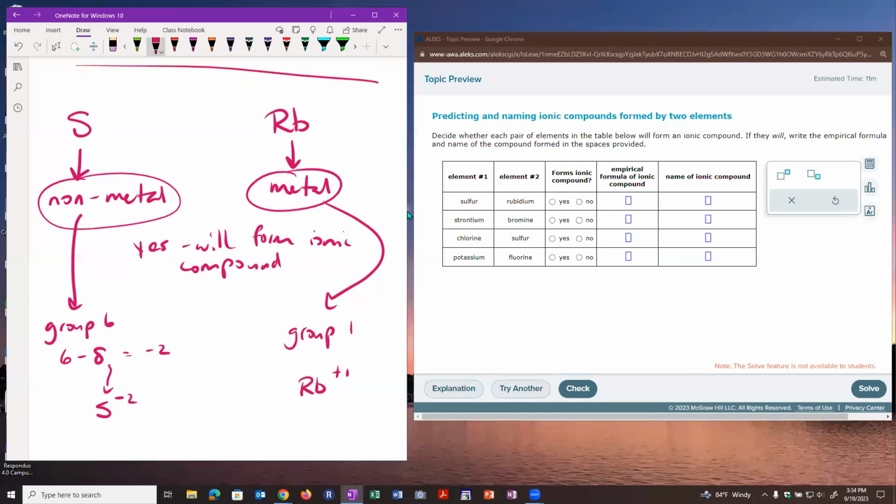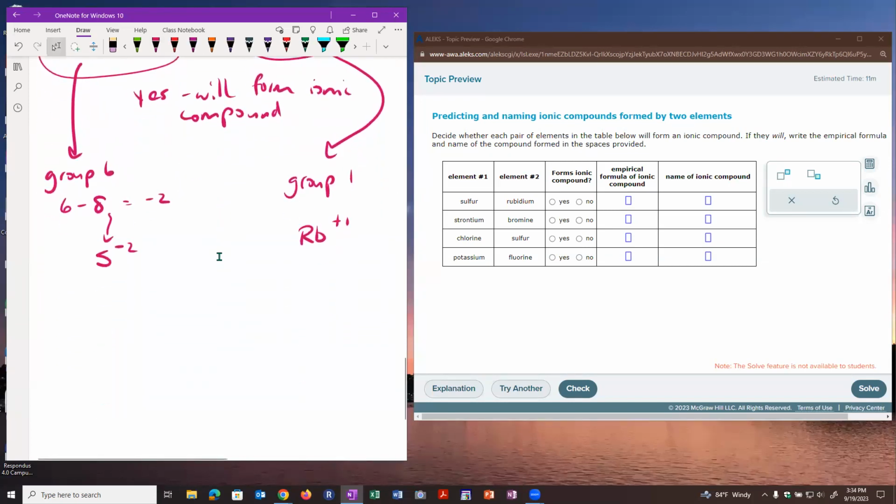So it's fairly simple when it comes to determining the charge on our main group metals. So we're going to combine these now in the simplest ratio possible. When you write the formulas, you always put the metal first. So Rb goes first, and then sulfur goes second. I'll write them separately to start off with.